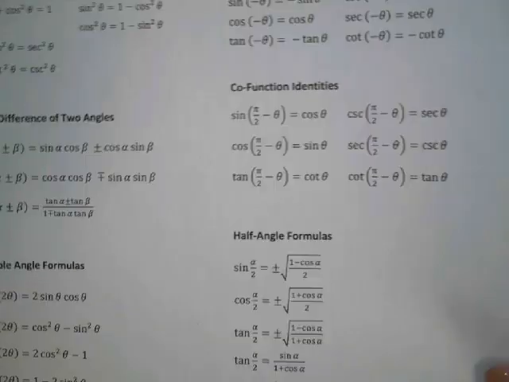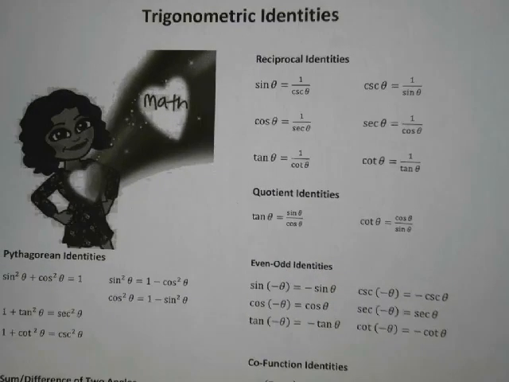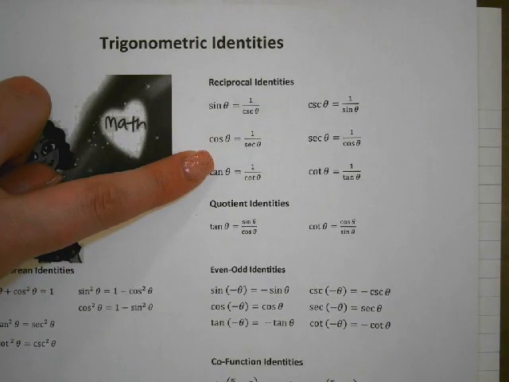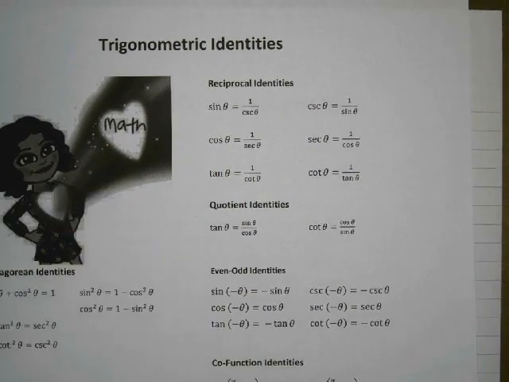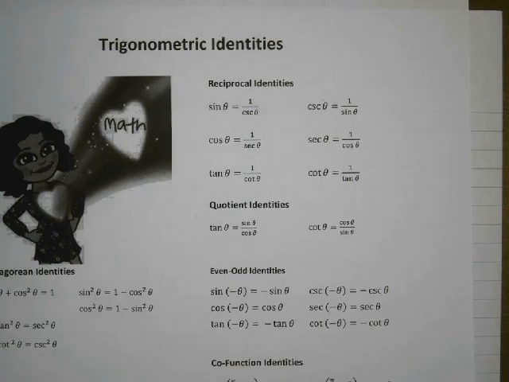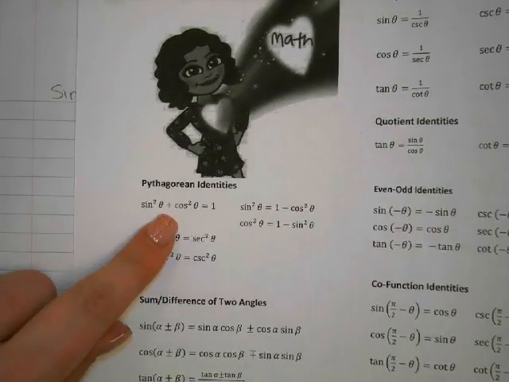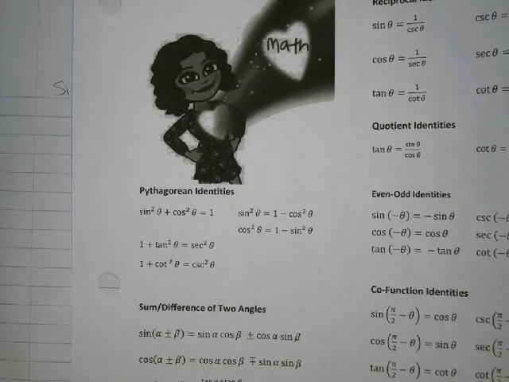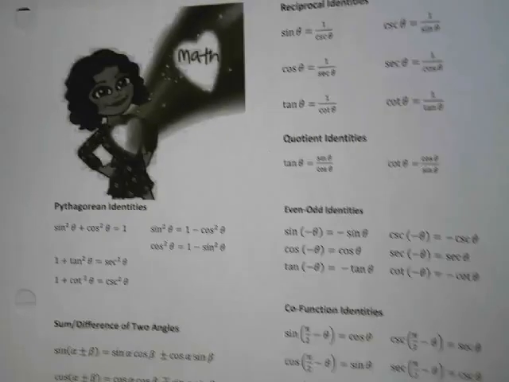And to make your life easier when you do these, you're going to get this page out because it has all the different trig identities that we're going to learn about, or some that we already know, like we already know that tan is sine over cos. So things like this, you should maybe already know that sine squared plus cos squared equals 1. So we're going to be using these to do our simplifying, okay?